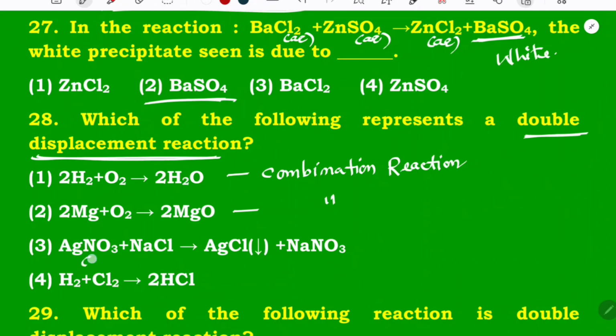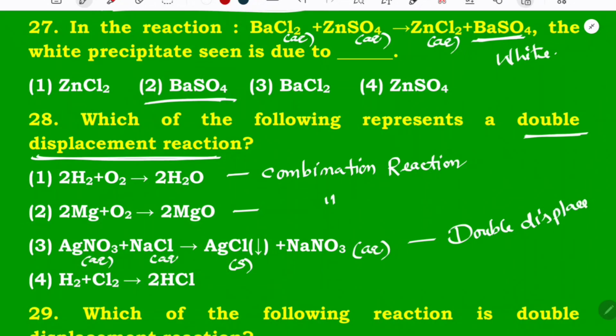Here AgNO3 aqueous and NaCl aqueous give AgCl solid precipitate and an aqueous product. So this is a double displacement reaction. Why? Because, as I said clearly, two reactants should be aqueous, and this side also has two products.